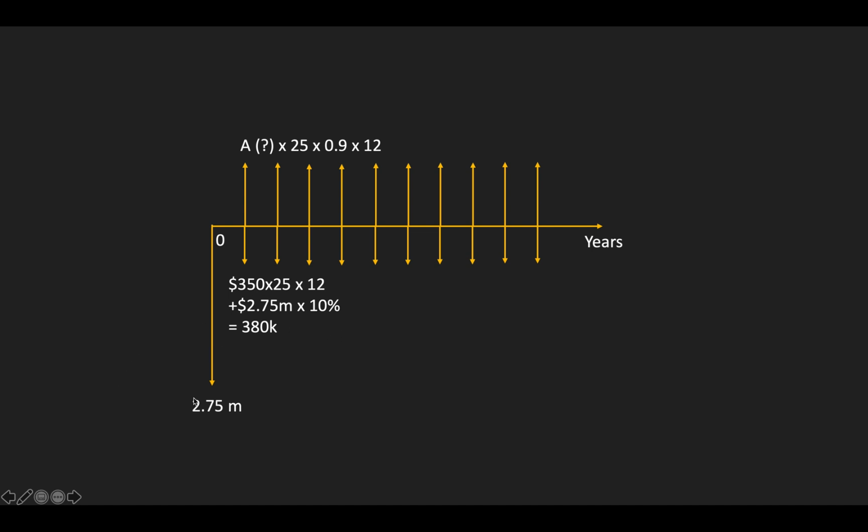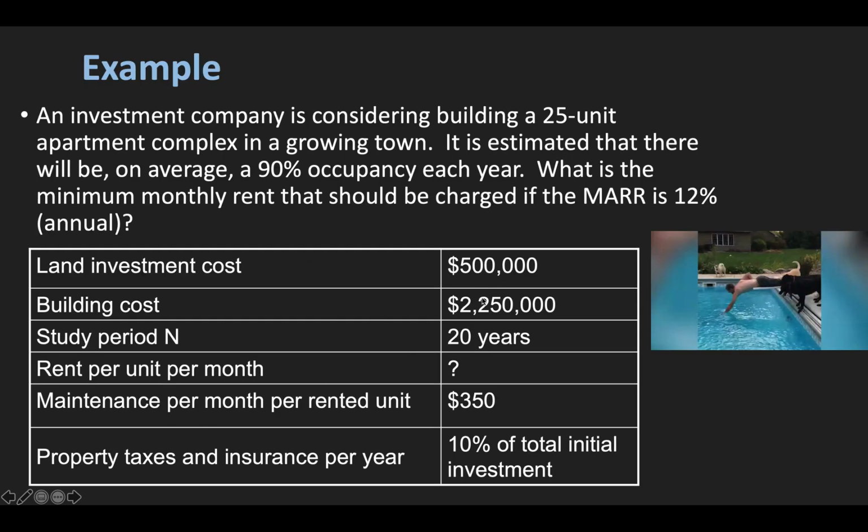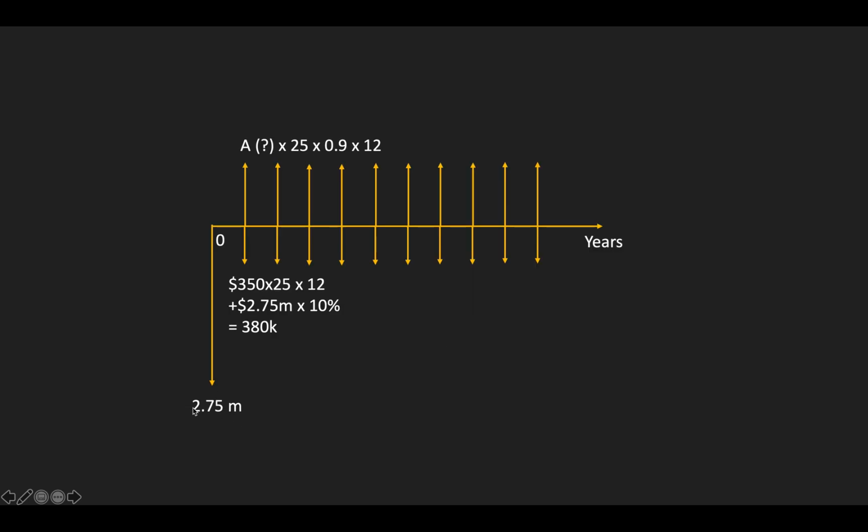It basically has 3 parts. The initial investment is $500K plus $2.25 million. So that's why I get $2.75 million. That's your investment at the beginning, right?